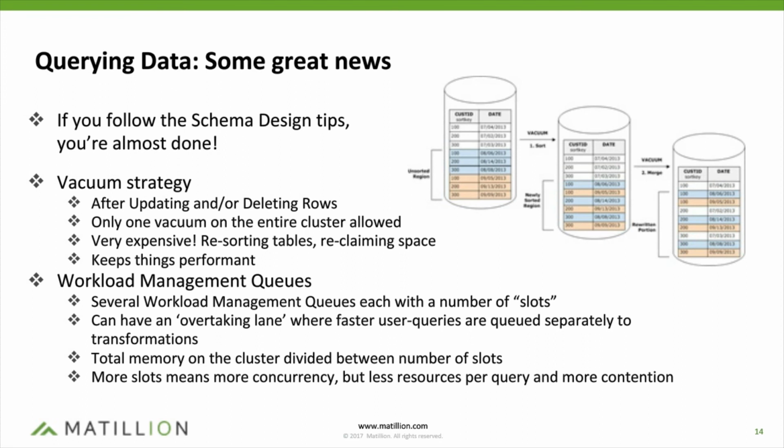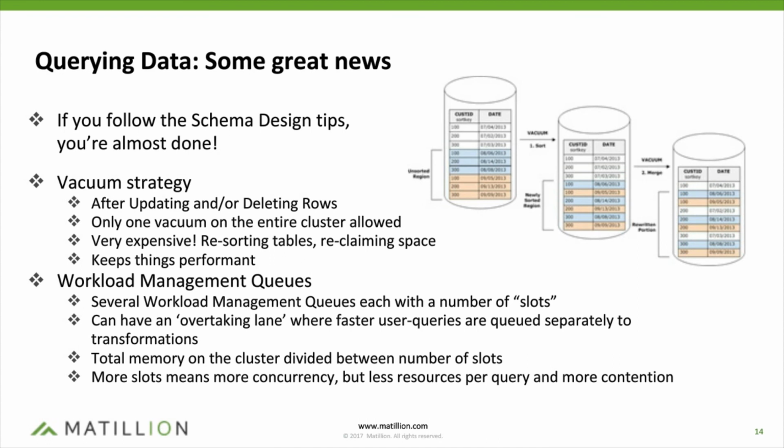And the other thing that you need to keep on top of is workload management queues. Now, if you don't know what they are, it's quite a complex topic, and it's got even more complicated recently with a lot of enhancements that the Redshift team have put in. But essentially, they're about making sure queries that are more important than other queries can get a chance to run.